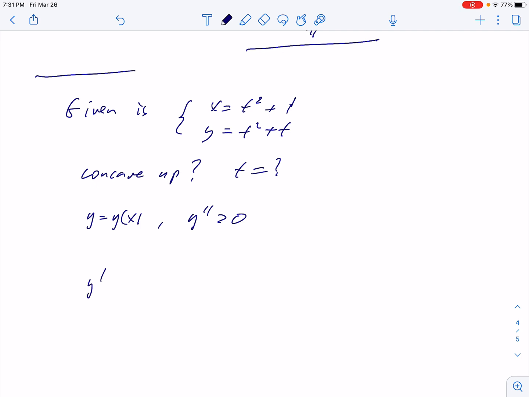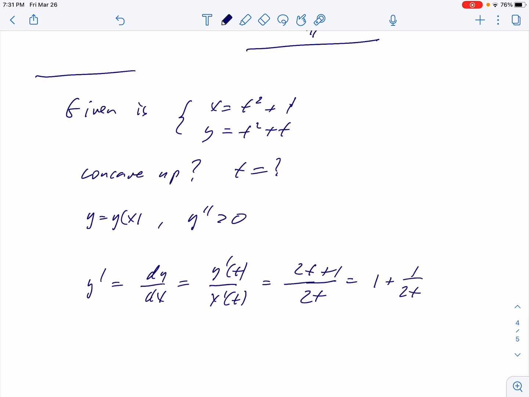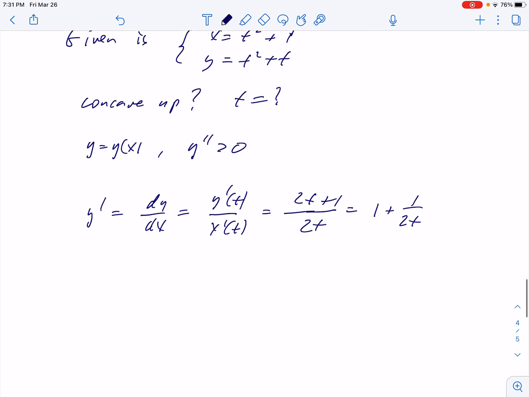The first derivative, dy/dx, we wrote as y prime of t over x prime of t. So let's find this in terms of t. x prime will be 2t, y prime will be 2t plus 1, and x prime is 2t. So this will be 1 plus 1 over 2t. This is the first derivative.